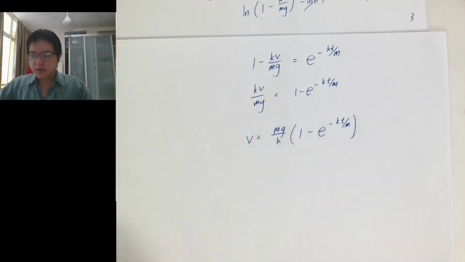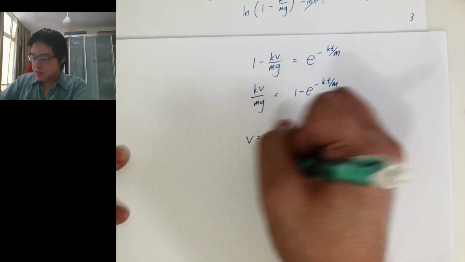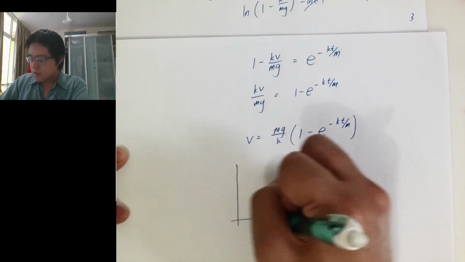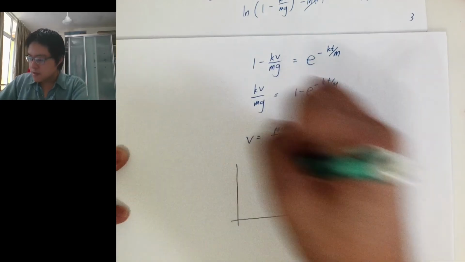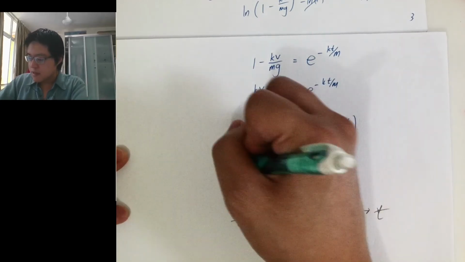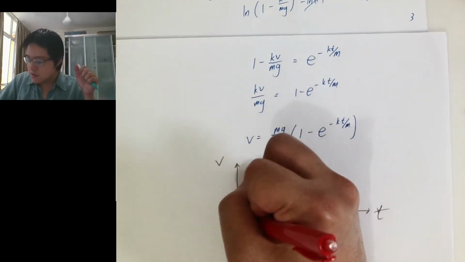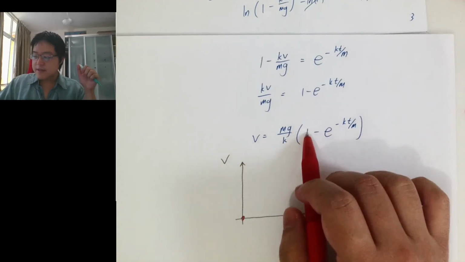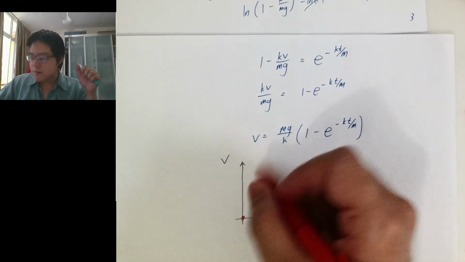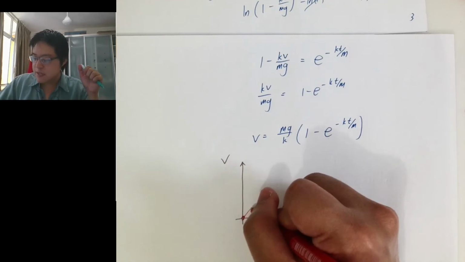Okay, so I can draw the graph over here. Let's see how the graph looks. How does the speed change with time? At time 0 it is just 0, and then after that it's 1 minus the exponential graph. So 1 minus exponential graph is something like this.